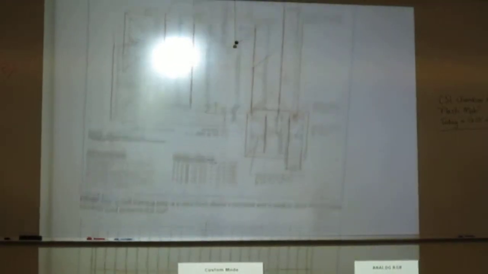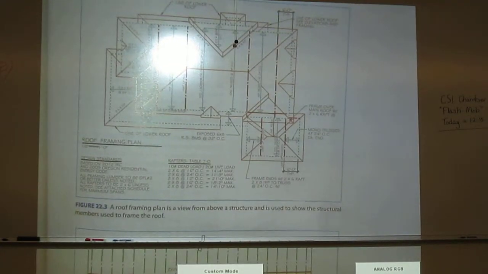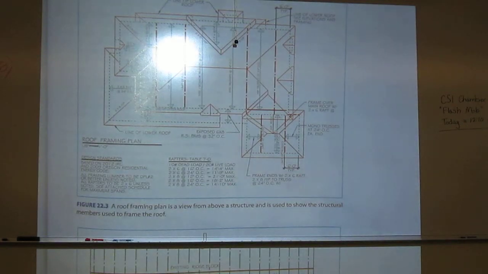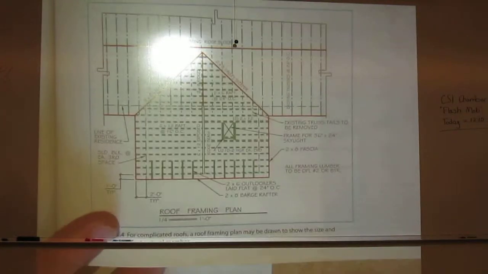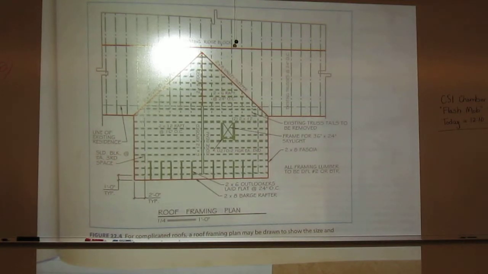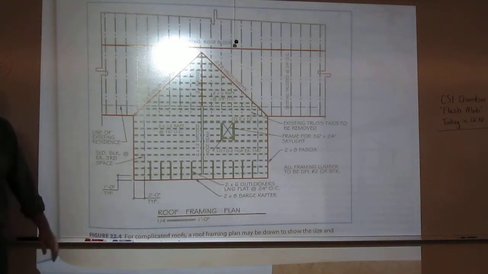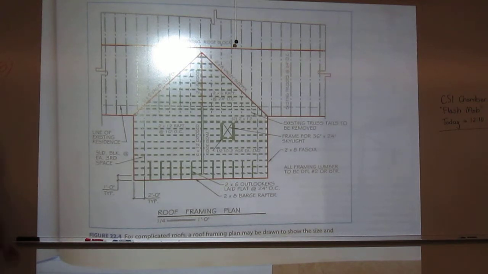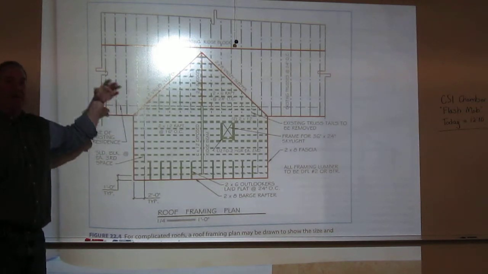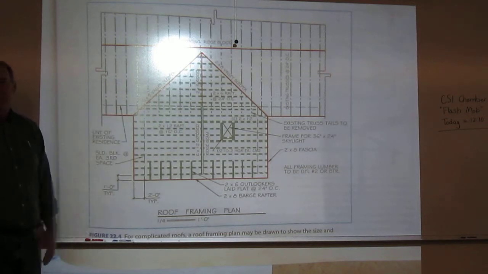Now we talked about two framing plans on page 551. We're going to do this top one. You can also do this one down here, where you use center lines to show every single member. If you remember when we talked about this, I told you don't attempt this unless you've built a roof, because you really need to understand how all these boards go up here and the blocking you need and everything that goes on with these. What's a girder truss?